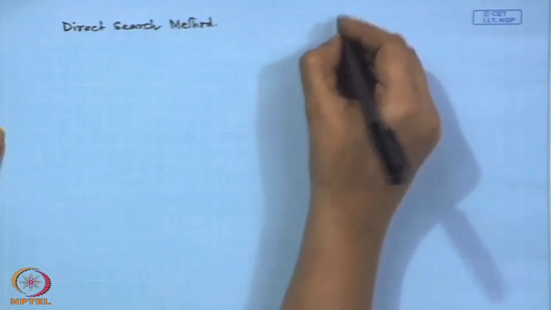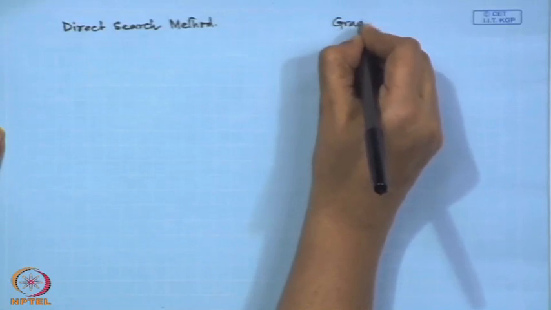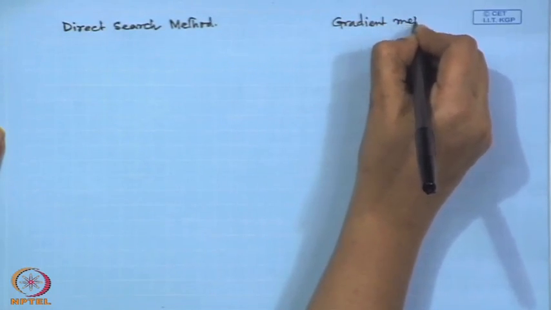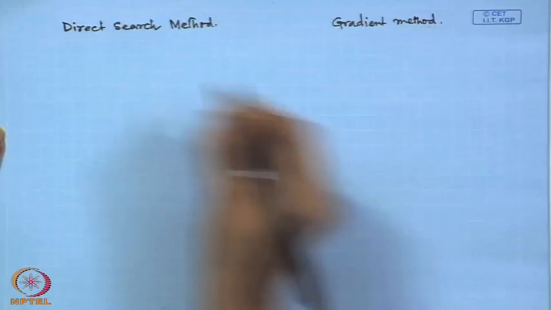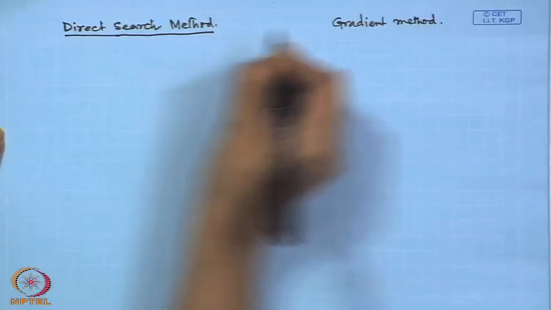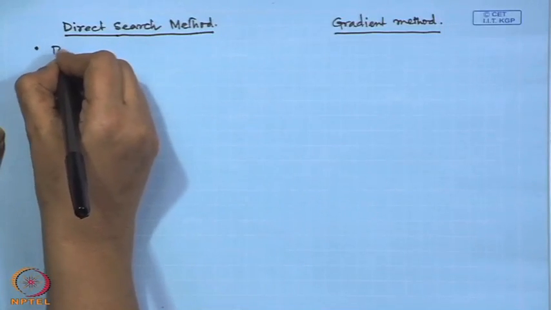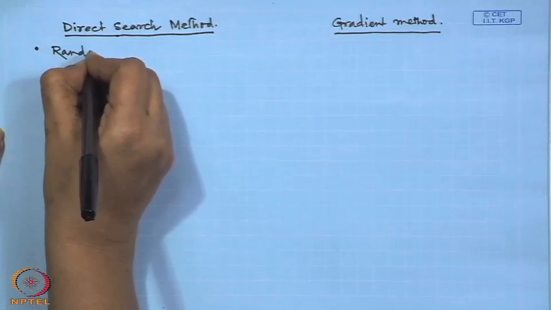This is one category, and another category is the gradient methods. Direct search methods are the non-gradient methods. We can list several methods in this one. The first method we can name the random search technique.